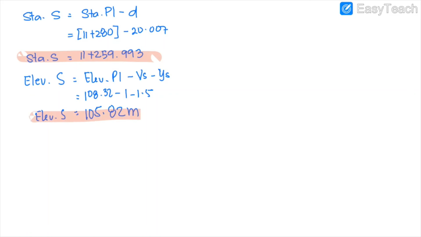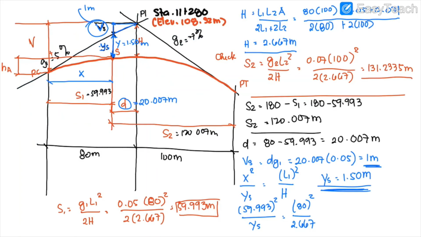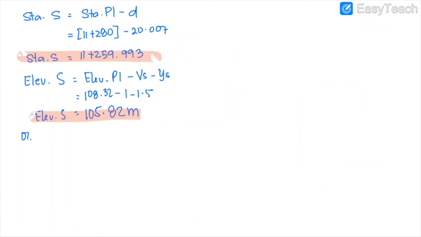This is the first one. The second one is involving the total vertical distance of PI with PC, then the vertical distance of PC with the curve on the highest point. How are we going to do that? Let's first compute HA with regards to the highest point. This S1, located yung ating highest point, based on the S1 distance over 2 times G1.